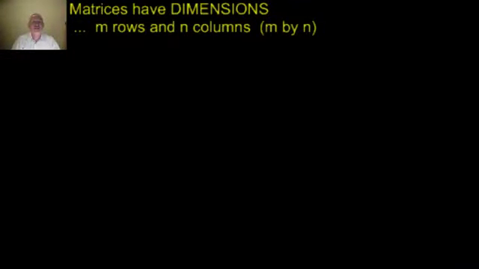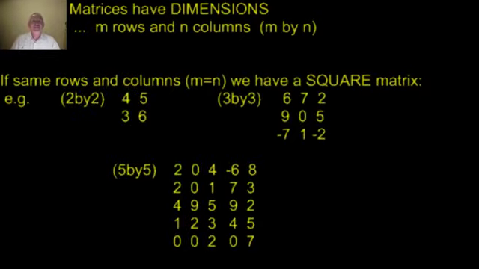We usually classify them as an m by n matrix, where m is the number of rows and n is the number of columns. If I said we had a 5 by 7 matrix, we would know it had 5 rows and 7 columns. If you've got the same number of rows and columns, we talk about having a square matrix.